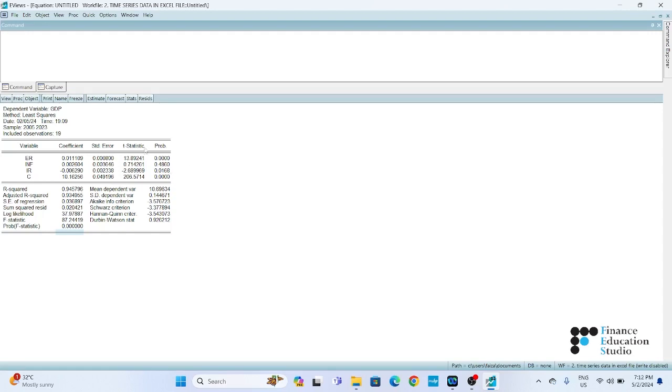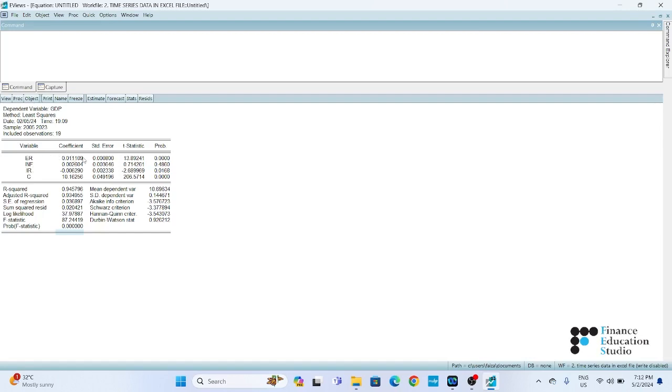If it is less than 5%, it means that there is a significant positive or significant negative relationship between IV and DV. You can see that in this output our dependent variable is GDP and the three independent variables are exchange rate, inflation rate and interest rate.